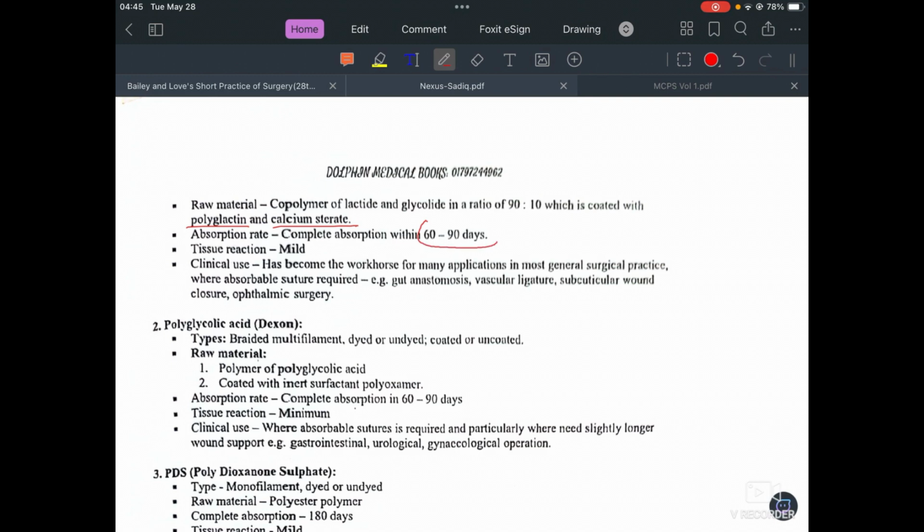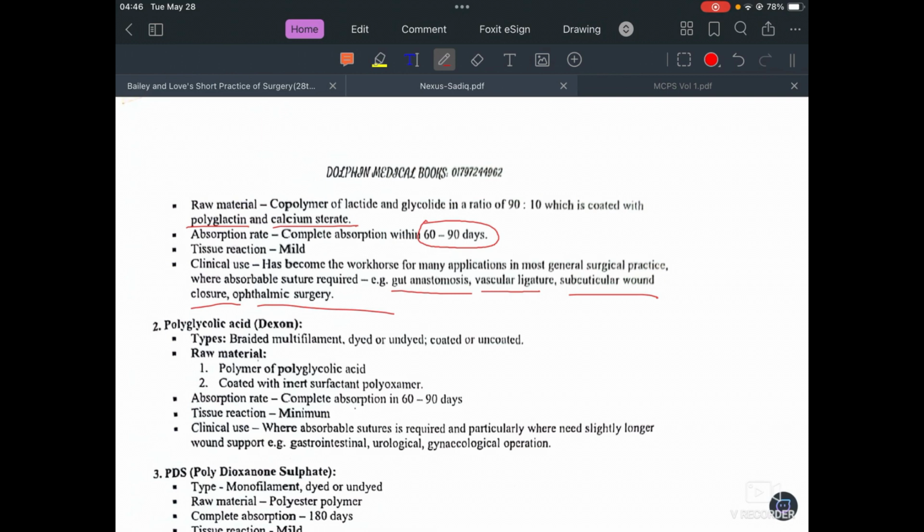So it is important information that absorption is within 60 to 90 days. Tissue reaction is mild. Clinical use has become the workhorse for many applications in the most general surgical practice, where epidural suture is required, cut anastomosis, vascular ligature, subcuticular wound closure, and ophthalmic surgery.